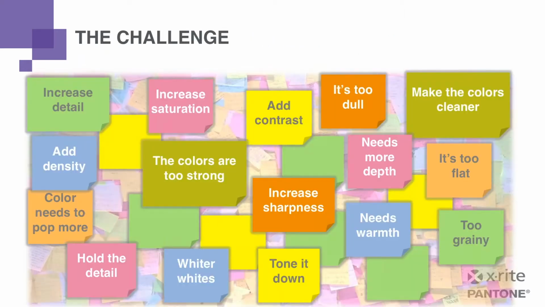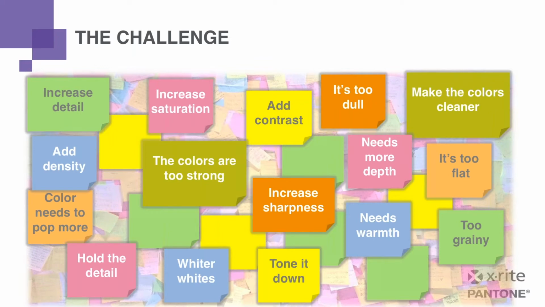One of the problems when we're trying to communicate color is that our language is an insufficient way to describe it. I used to be a QA manager for a press room, and I did a lot of press OKs. Oftentimes that meant dealing with a purchasing person or an art director, and they didn't necessarily have the language to communicate with the production team.